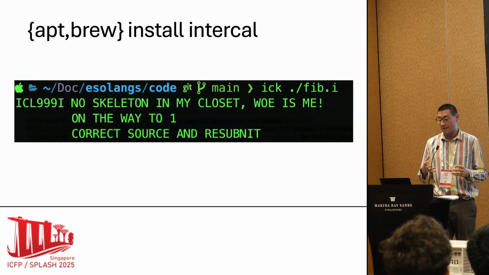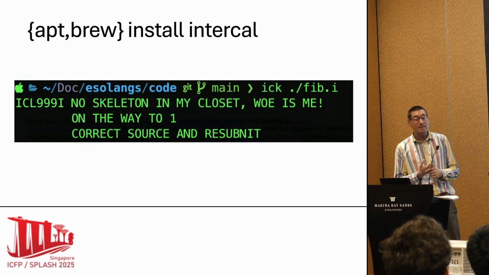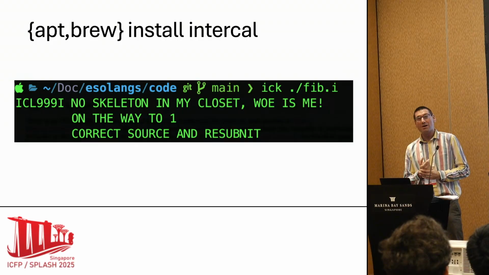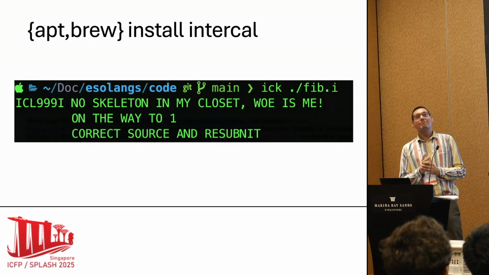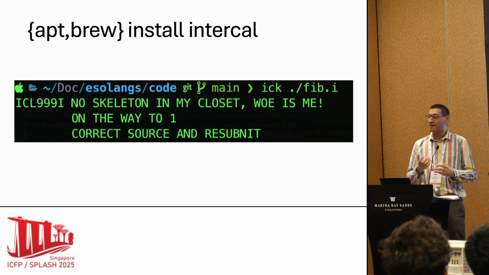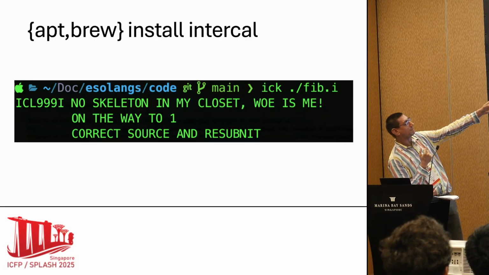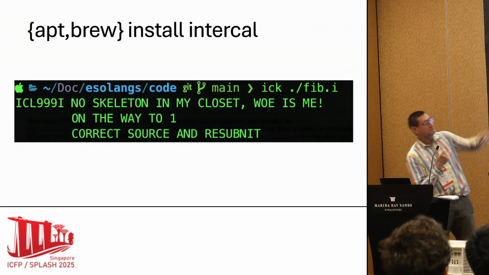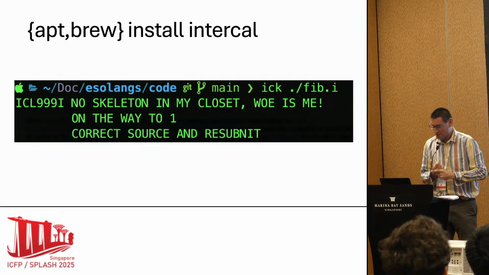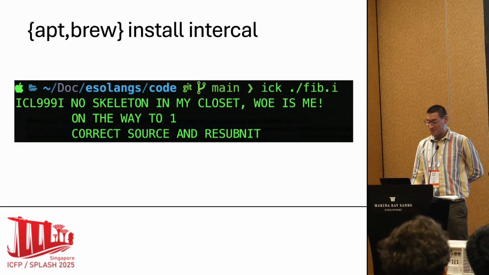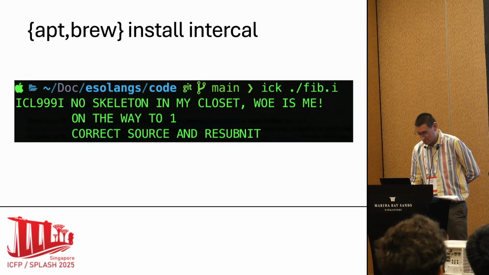The compiler is called IC, and it comes with even more mysterious error messages than, say, GHC or other compilers. So here I've got a syntax error on line 1. No skeleton in my closet, woe is me. Correct source and resubmit. I think that's a deliberate typo.